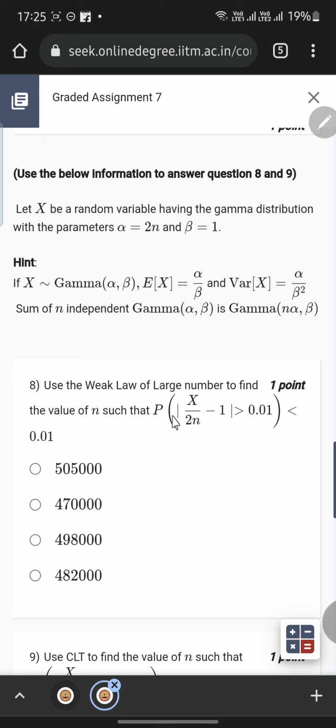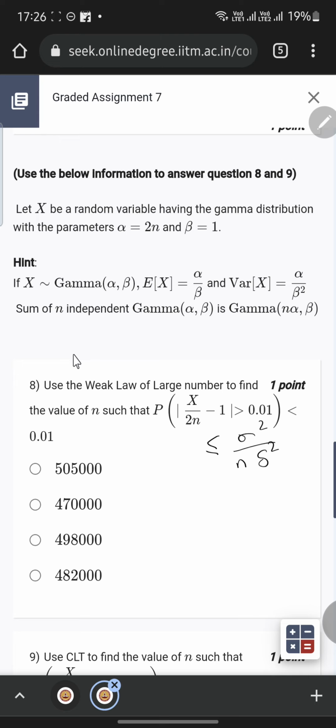Okay, so we know that this whole value is less than or equal to sigma square by n lambda.